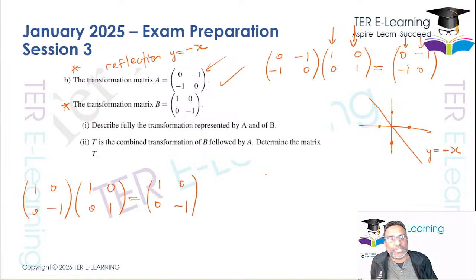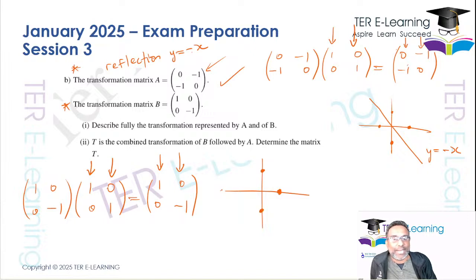From a graphical perspective, if we look at our coordinate 1, 0, let's see what happens here. If we start off at 1, 0, it stays at 1, 0. So it stays right here. Nothing happens. If we take 0, 1, so 0, 1 is somewhere up here, but then it becomes 0, minus 1. So it's down here.